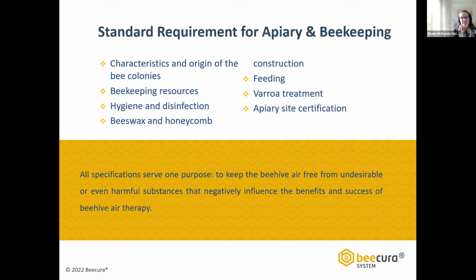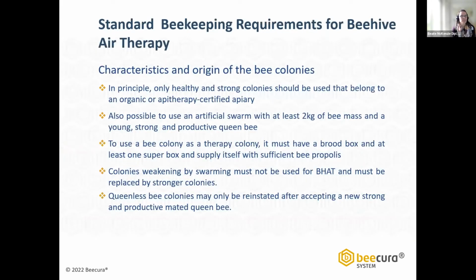And all that is really important for one purpose only, especially when you want to treat people with health conditions and you want to help them with respiratory tract conditions. It's to make sure that there are no undesirable or even harmful substances that could negatively influence the benefits of the therapy session. Okay, so I will go into a little bit more detail in each of the sections.